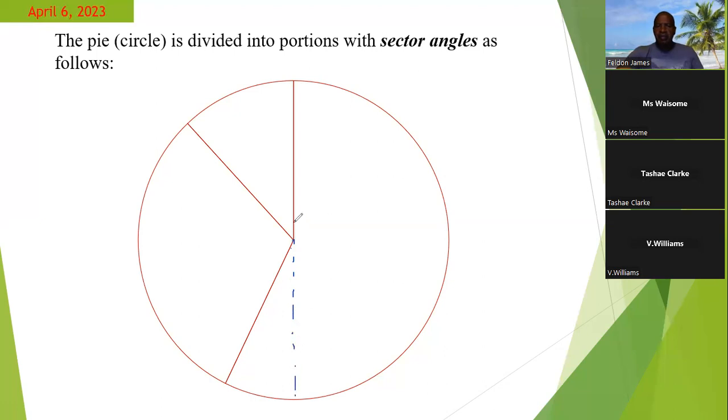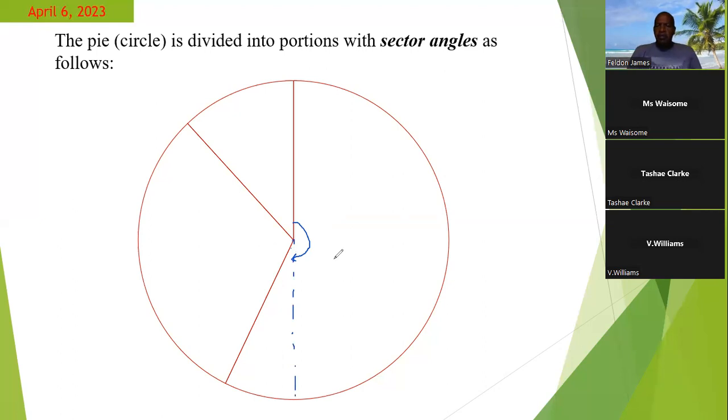So from here to here would give you an angle of 180 degrees. But what you're really measuring is 206. So if here is 180 degrees, how much more do you need to get to 206?